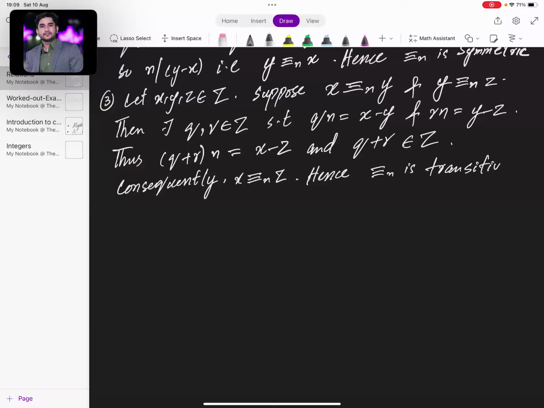So in general, this is an equivalence relation.